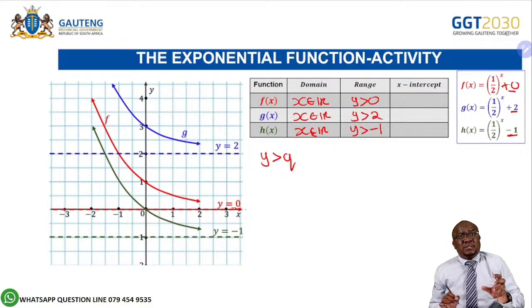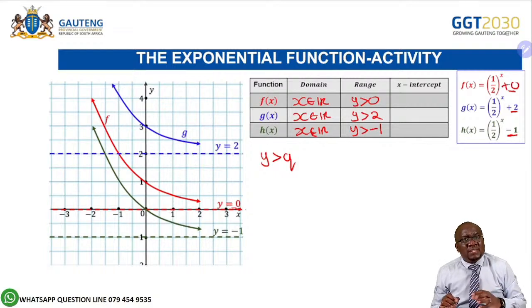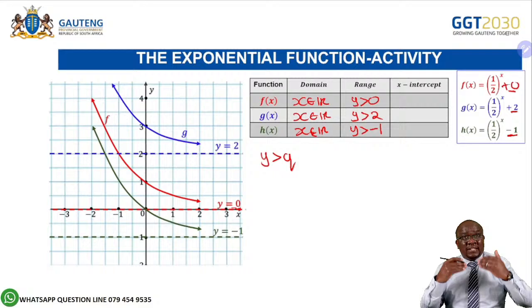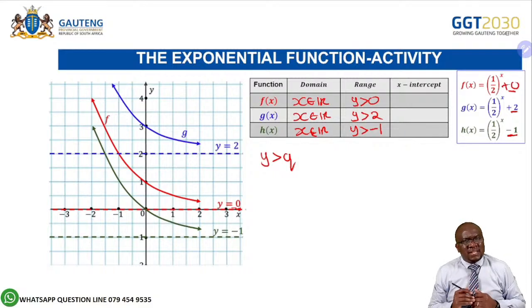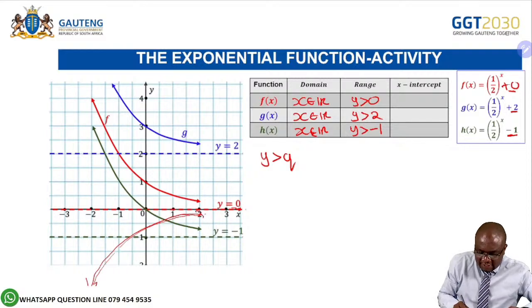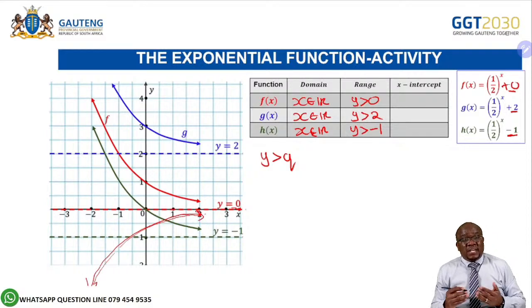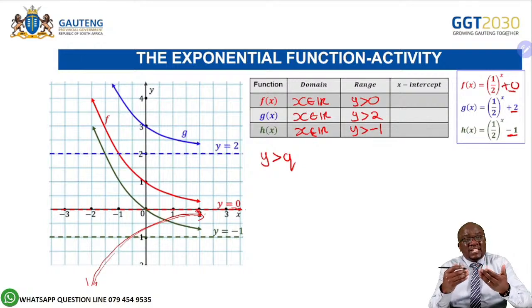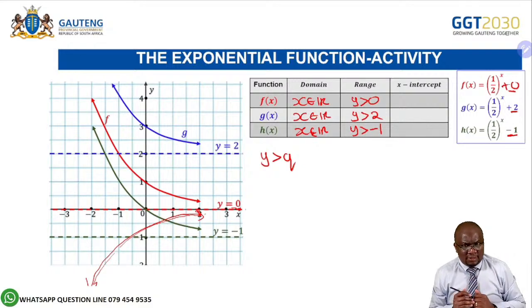Please take note. I'm not saying that all exponential functions will be like this, because we haven't done the reflection about the x-axis, which is totally different. If our graph is like this, the range is going to be different, because the graph I've drawn here has range y less than 0.